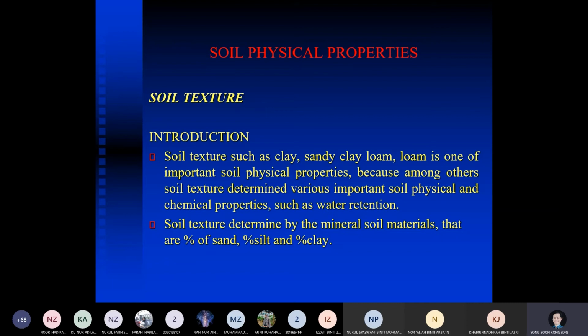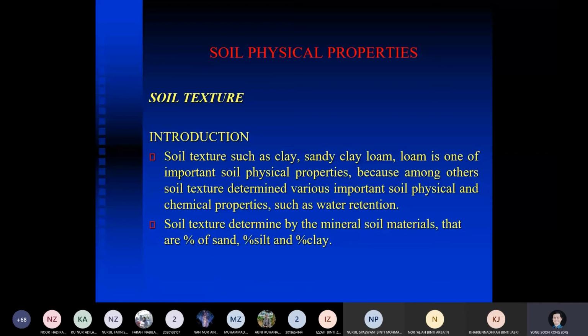And of course, the moisture content might also affect the texture a little bit. Most textures are defined by the name itself, so you have, for example, sandy clay loam.